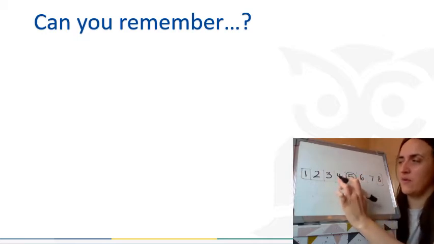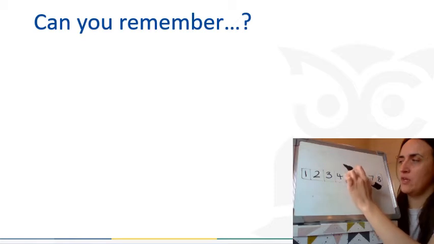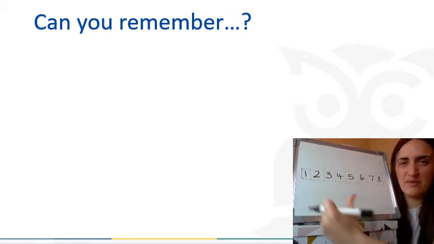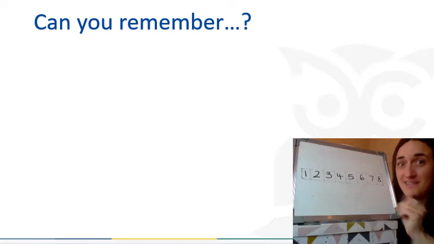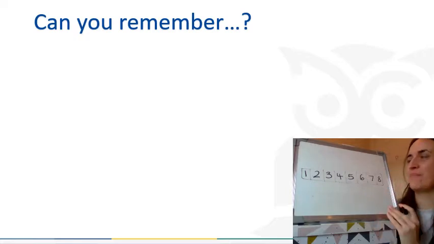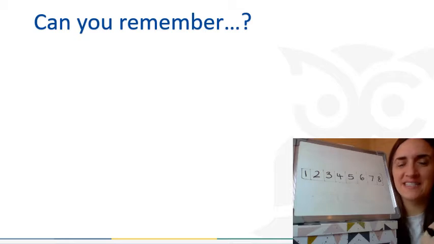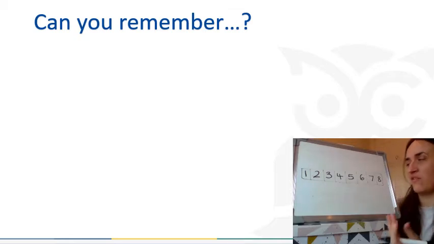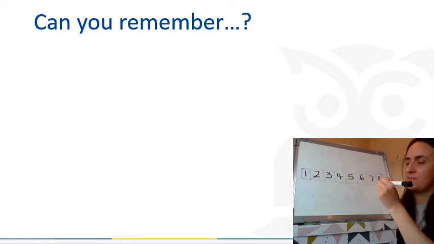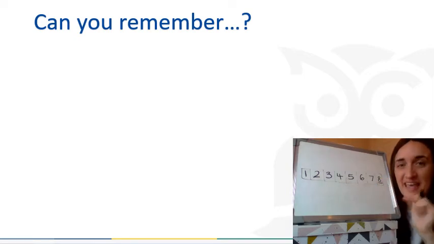Okay, so if I was going to do 1 less than a number, we'd do it in the same way, but instead of counting forwards, we would count backwards 1. Excellent. What is 1 less than 8? We'd find 8 on the number track. Count backwards 1 space.